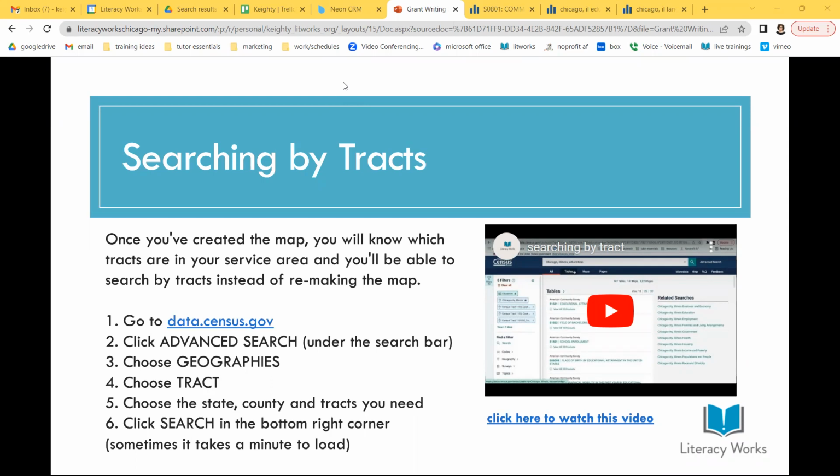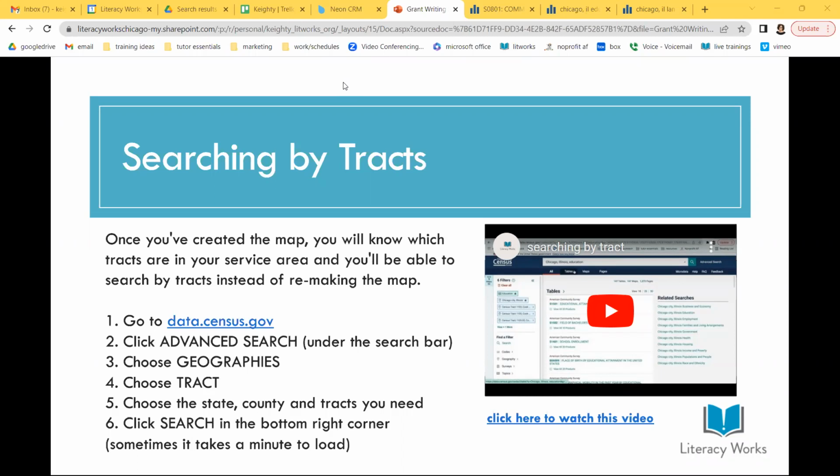You can go by zip code, but zip code sometimes doesn't give you the exact information that you need, because maybe you work in one part of the zip code that has a specific need. And you can say, yes, I know that this zip code has a higher English level, but this tract has a big population of immigrants that aren't really included in the rest of the zip code. And that's why we need this ESL program or this ABE program. So think about just how specific you can get.